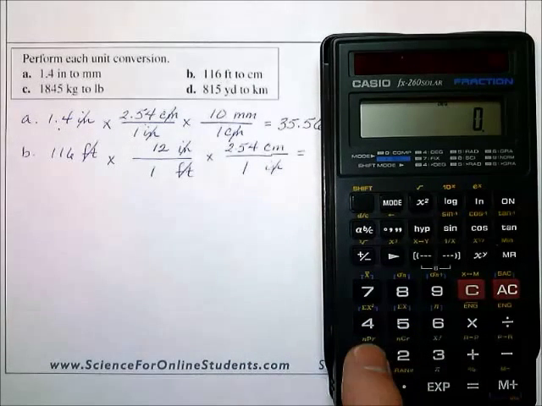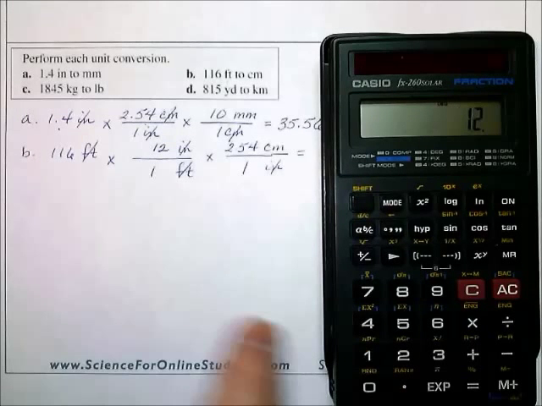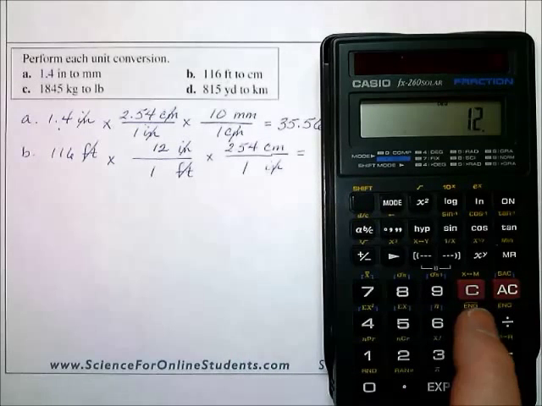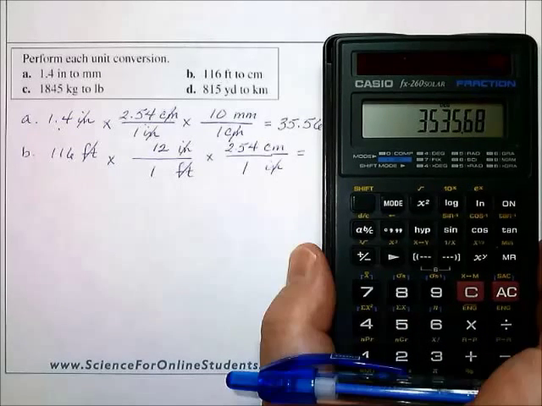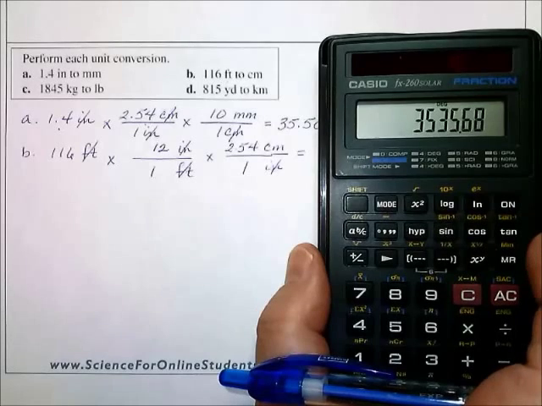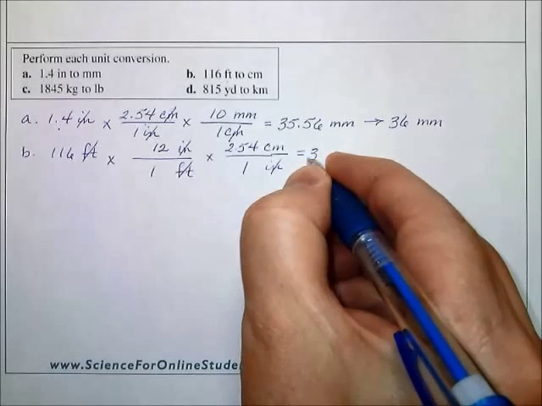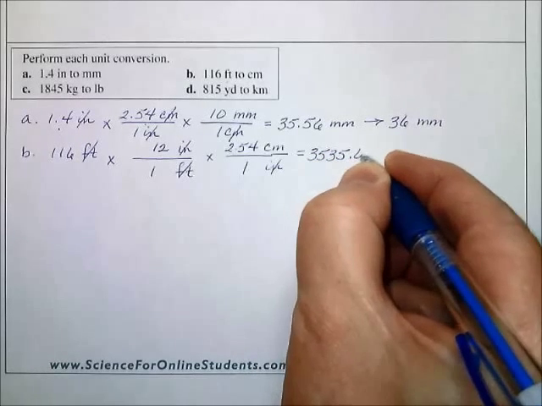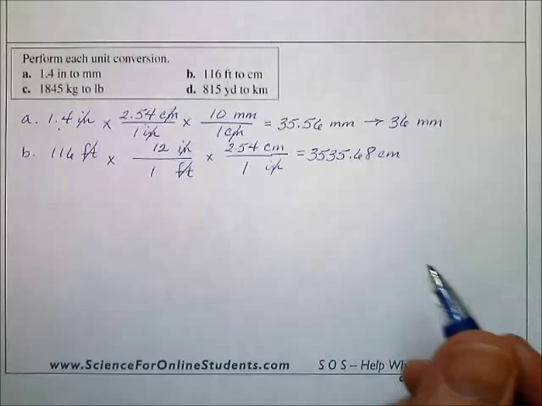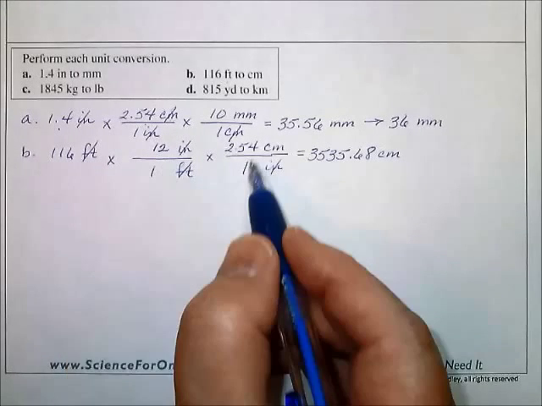16 times 12 times 2.54 equals 35.8. Significant figures. Unlimited because these are both definitions.